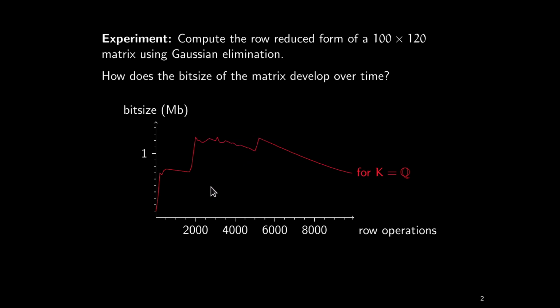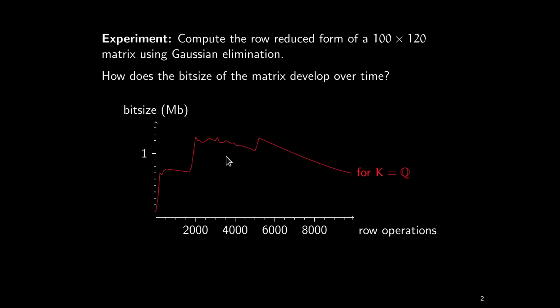So here on the horizontal axis we have the row operations. So after 2000 row operations we have a matrix that is that big. So it's a small example, it's just in the range of megabytes, but you can imagine that if I choose a bigger example, this steep portion of this journey here will get more and more painful.